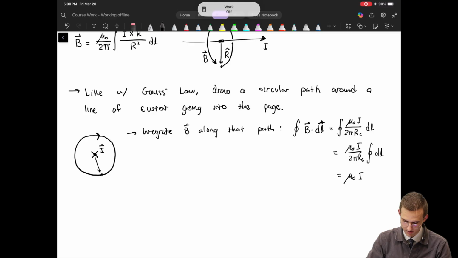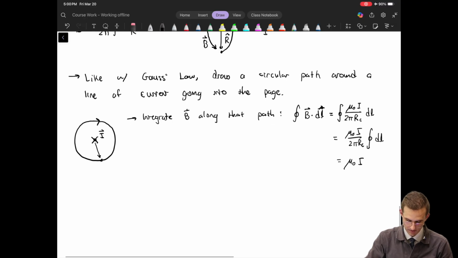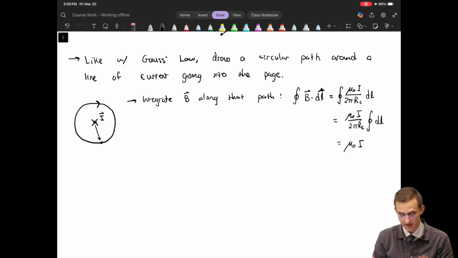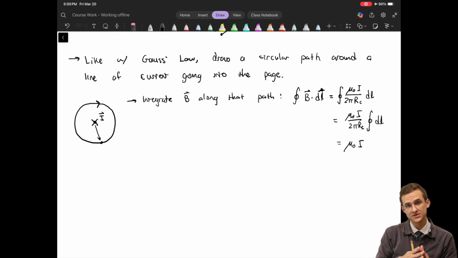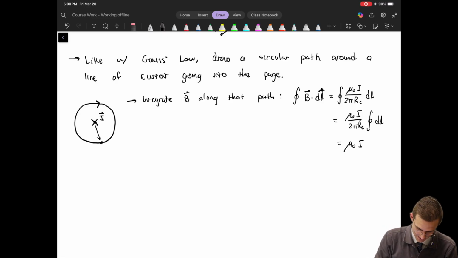Now let's generalize a little bit here. We're using a line of current, but like before, how we went from point charges to volume charge densities, let's also introduce the current density.